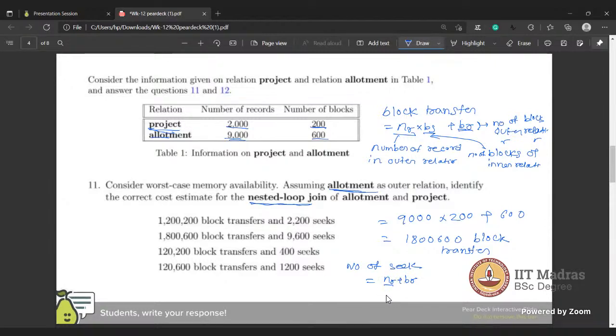So what is NR? Number of records in the outer relation, and BR is the number of blocks in the outer relation. So this will be 9000 plus 600, which is 9600. So this is the right option. If you have doubt in this question, you can tell me.